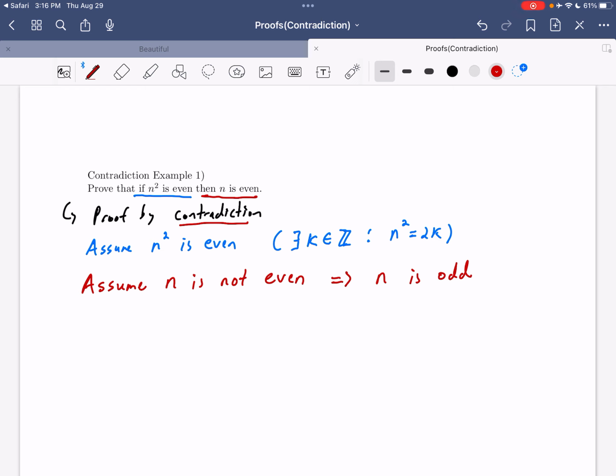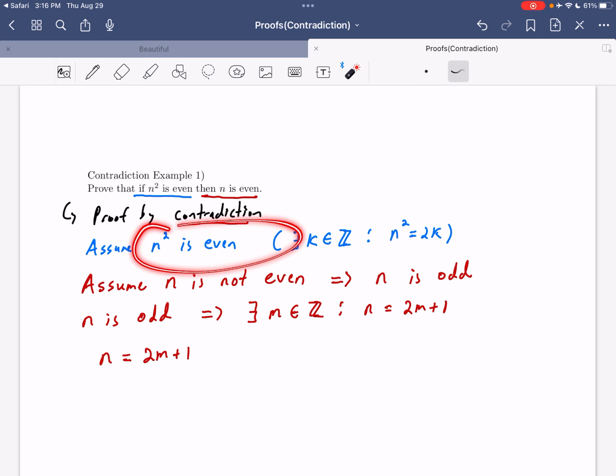So let's start with this extra assumption. So n is odd. That tells us that there exists, we won't use k anymore, I guess we'll use m, there exists an m, an element of the integers, such that n is equal to 2m plus 1, right? That's the definition of being odd. Okay, so we have that n equals 2m plus 1.